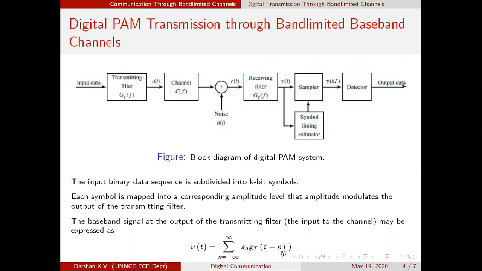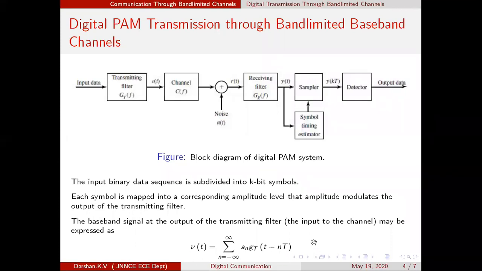Then what does nT represent? It represents the time duration of every symbol. After what time one symbol is generated is represented by T. Not all the symbols will get generated at the same time. Each and every symbol will be generated after every T seconds. That is the meaning of t minus nT.